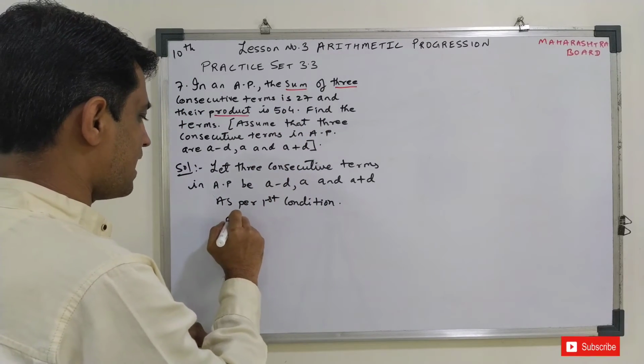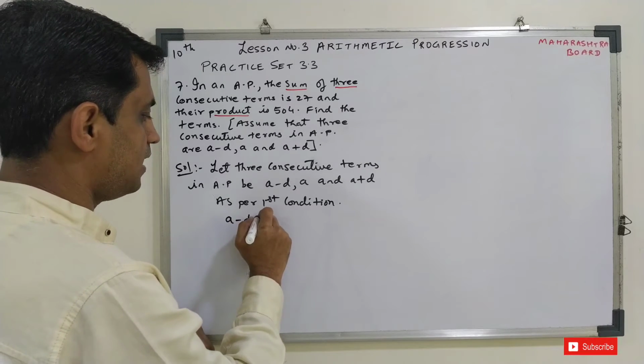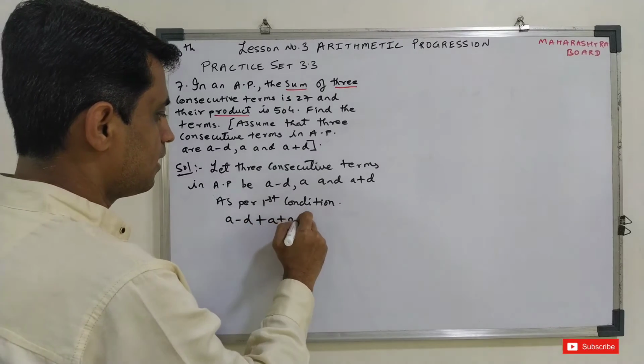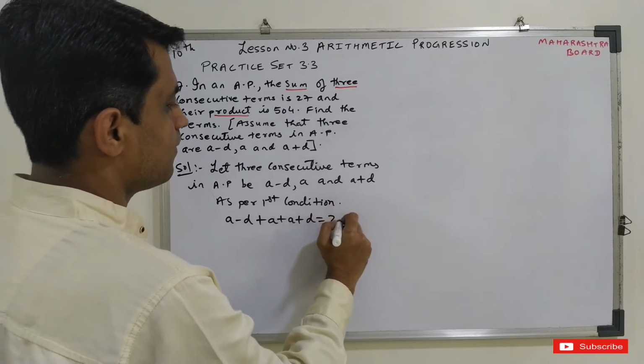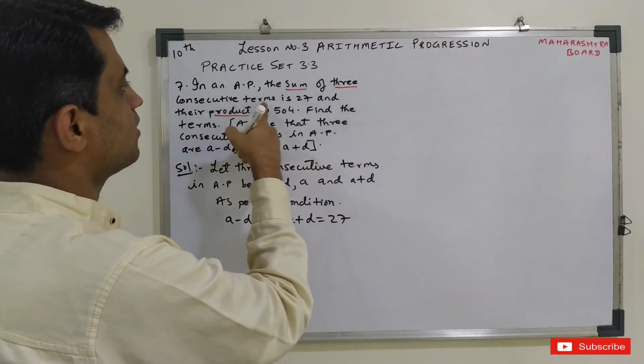Sum means you have to add everything. A minus D plus A plus D plus A is equal to how much? 27.